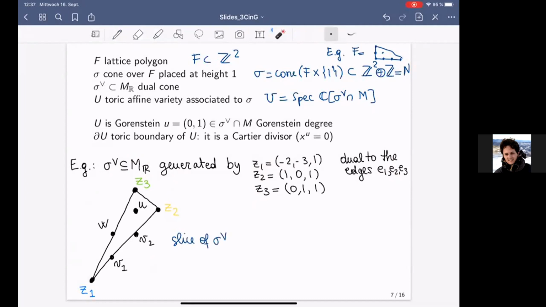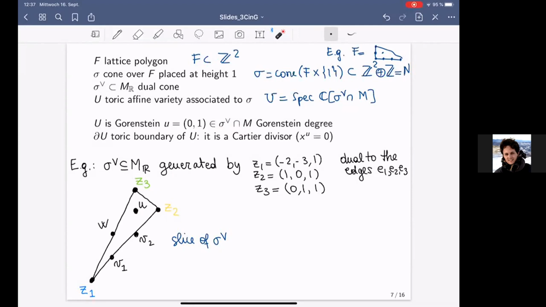So here you find Z2, Z3, and Z1. These are the rays of sigma dual, and then in the middle there is U. And one can show that these lattice points, which I call U, W, V1, and V2, are generators for the monoid sigma dual intersect M.